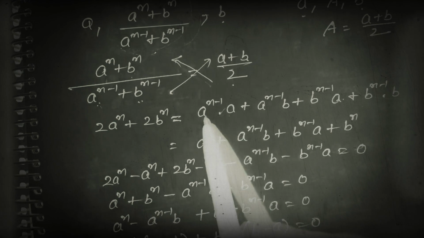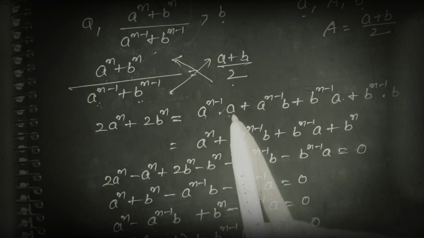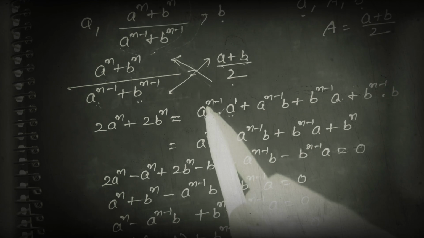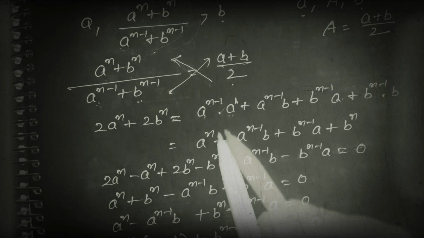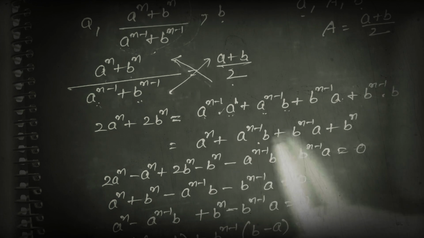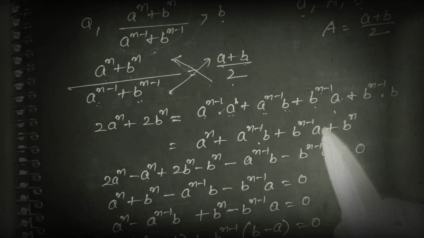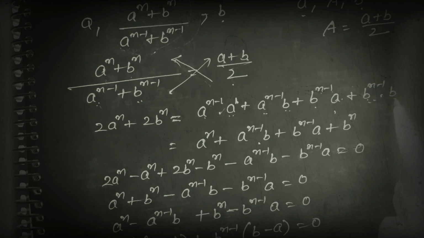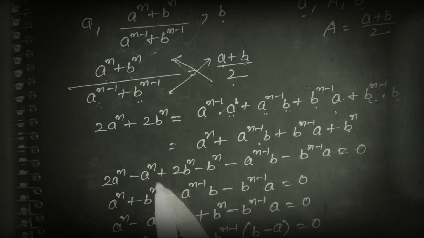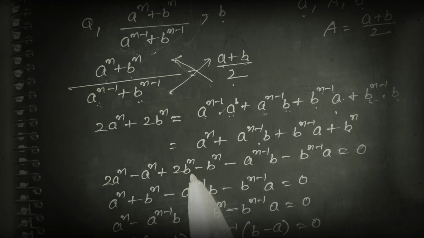And we know that a^(n-1) into a, base is same, then power will be added. So it is n minus 1 plus 1, so power n. Same a^(n-1) b here, b^(n-1) a here, and when we multiply these, we will get b^n. So we will take all terms in left hand side.